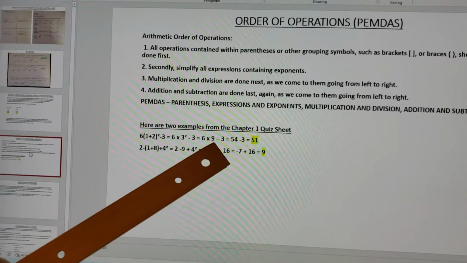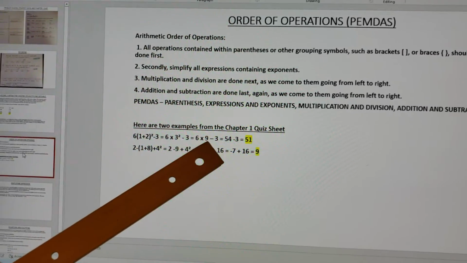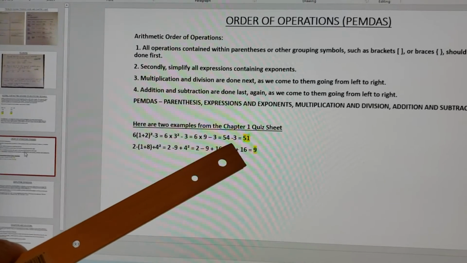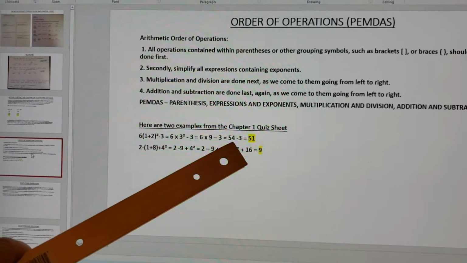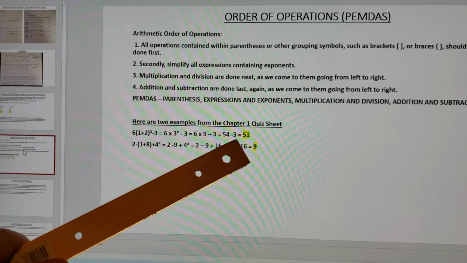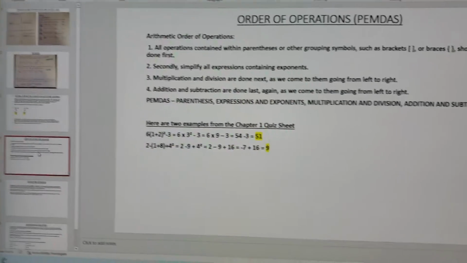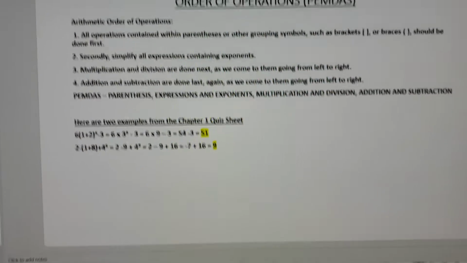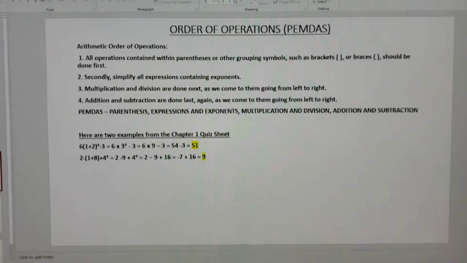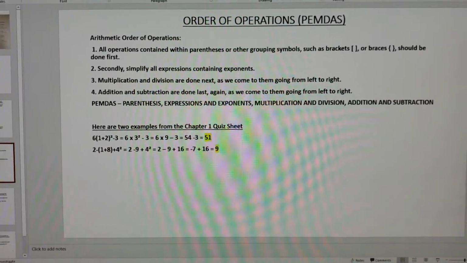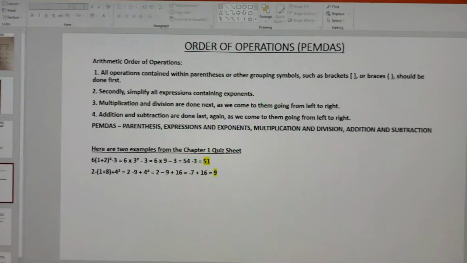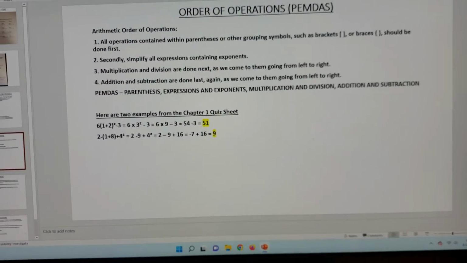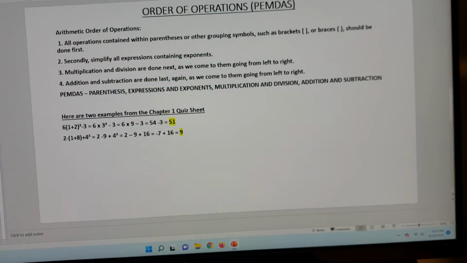You can see the 3 squared became 9. From there, it became 54 minus 3, and then the answer was 51. So you always want to make sure and do all of your problems in that order. Very important. It's a good thing to always double check too.